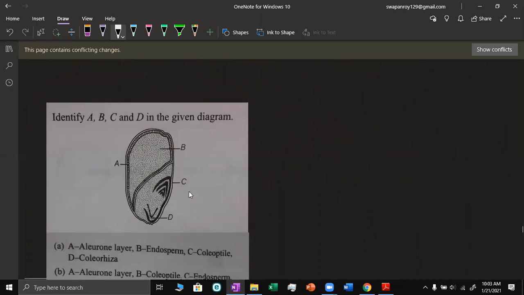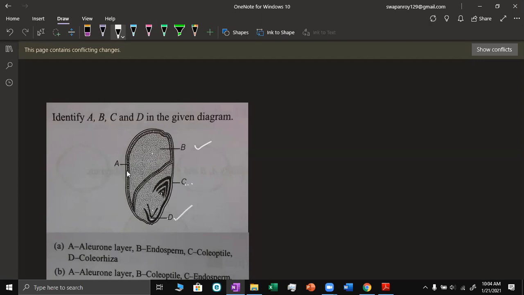This is a maize grain, with A, B, C, D. B is the endosperm. C is the coleoptile, because this is the plumule and this is the cover of the plumule. This is the radicle and here is the cover of the radicle, so coleorhiza.